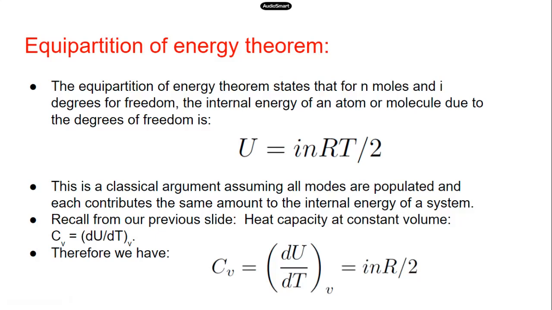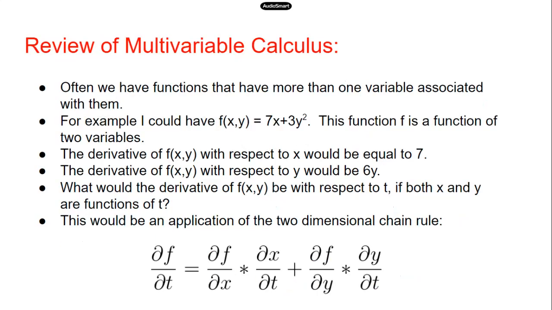If you have C_V equals iNR over 2 and you divide both sides by NR, you have C_V over NR is just i over 2. That just makes the calculations easier. Working with dimensionless units is a lot more pleasant. We'll come back to that.